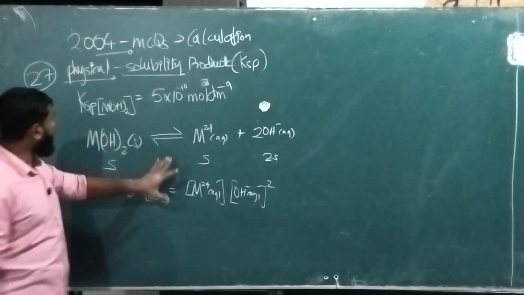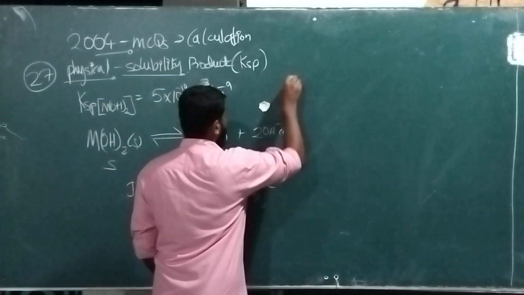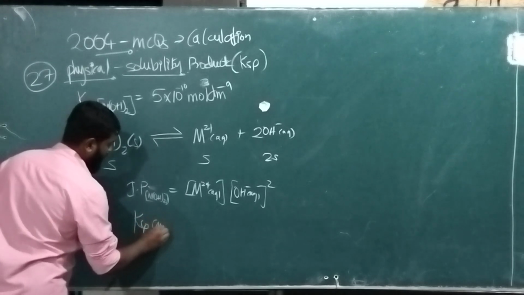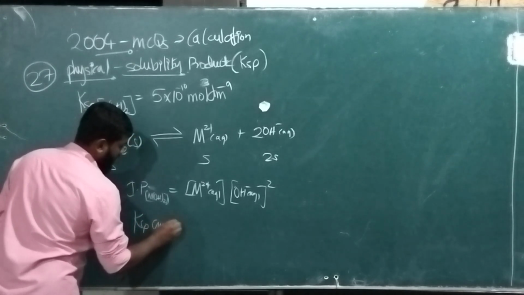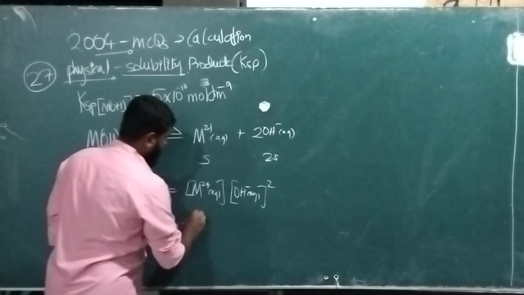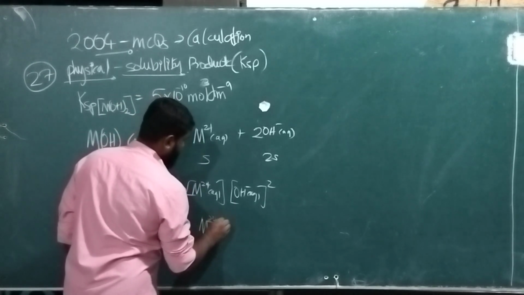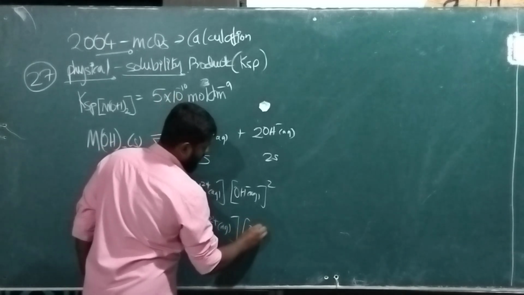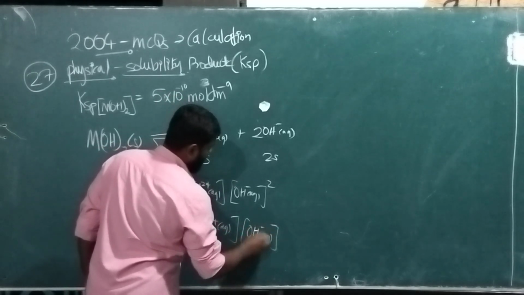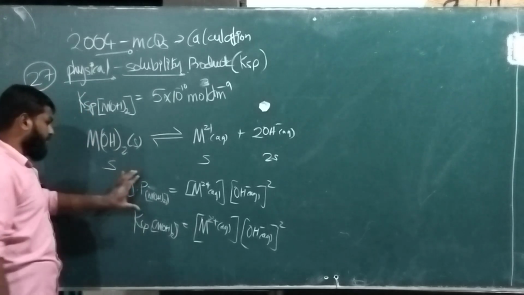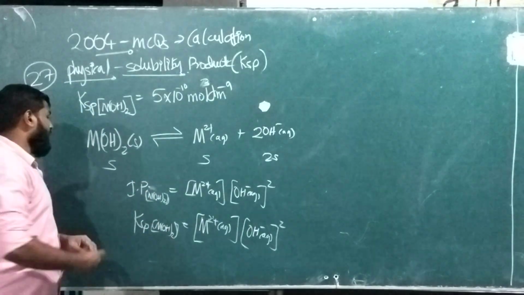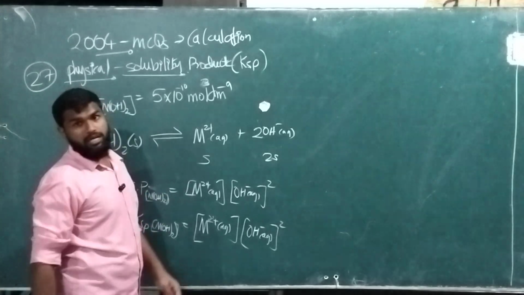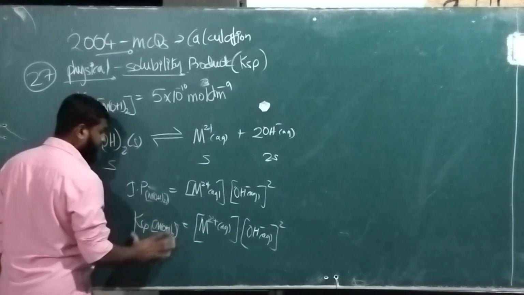But once you write the equation for KSP, you will get the same thing: KSP of MOH twice is equal to M2 plus aqueous into OH minus aqueous, the whole thing squared. See, the same expression is applied here, but this ionic product and this KSP will not always be the same. You have to keep this in mind.